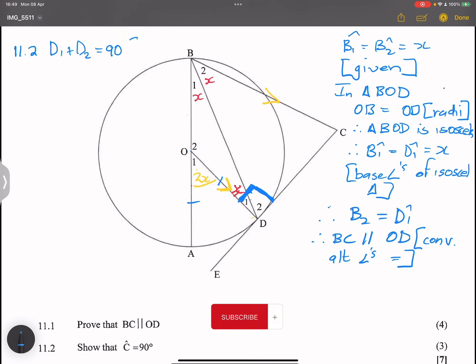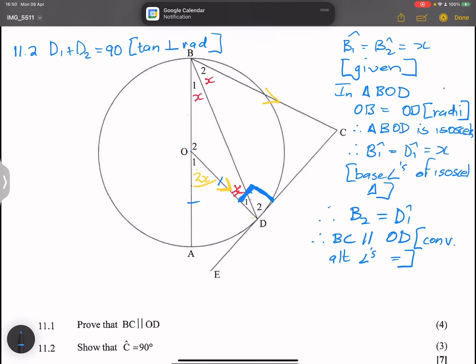We said this is tangent perpendicular to the radius. So in this case, we know that the tangent is perpendicular to the radius. We know that D1 is already equal to X, and so that means that D2 will be equal to 90 minus X, right?